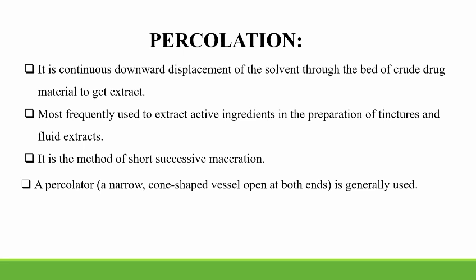Let's see what type of instrument is used for this percolation method. Here the percolator is used for the percolation technique. The percolator is a narrow cone-shaped vessel open at both ends, with a wide opening at the top and a small opening at the end.